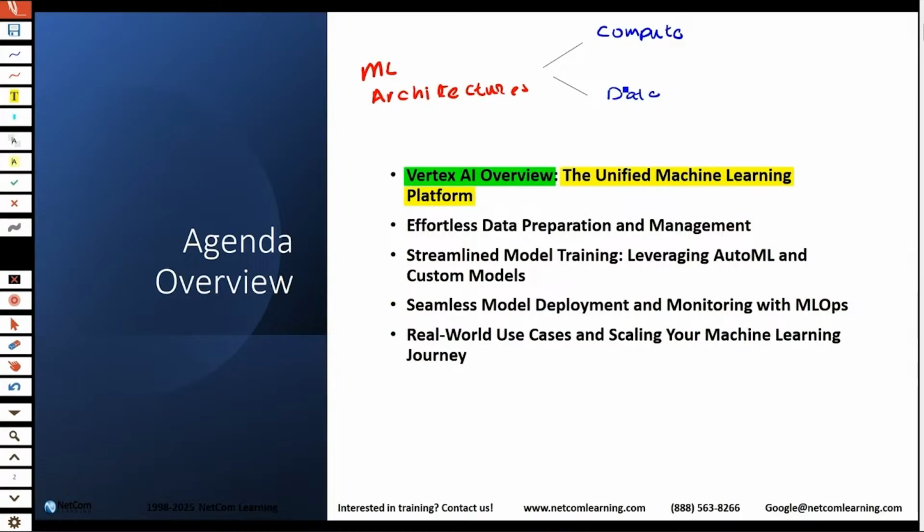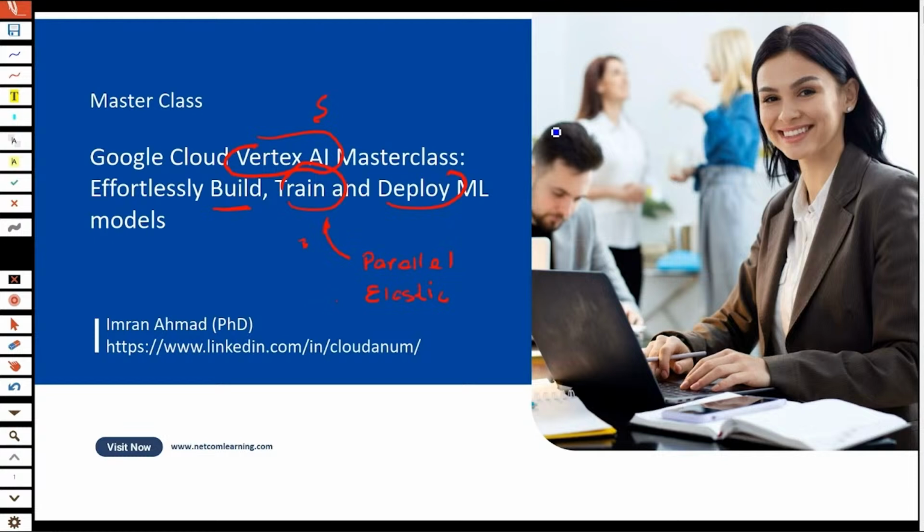But in order to train the model, the path to a trained model is quite tough. You have to crunch lots of numbers. You have to process lots of data. And this is where, as I said, you want elastic infrastructure. You want parallel processing.